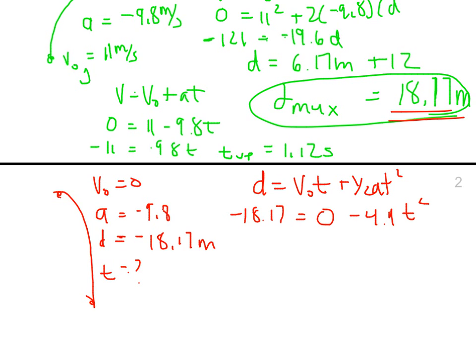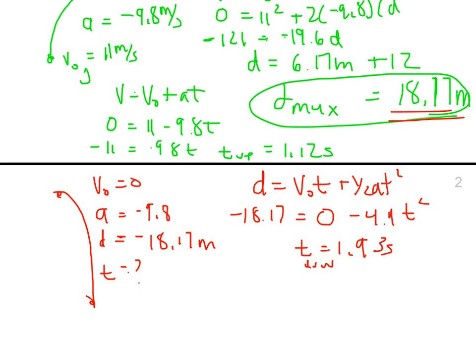Take the square root of that, and I get, that doesn't make sense, let me try that again. 18.17 divided by 4.9. Take the square root of that number, that's better, and I get 1.9 seconds. So this is the t to the bottom.